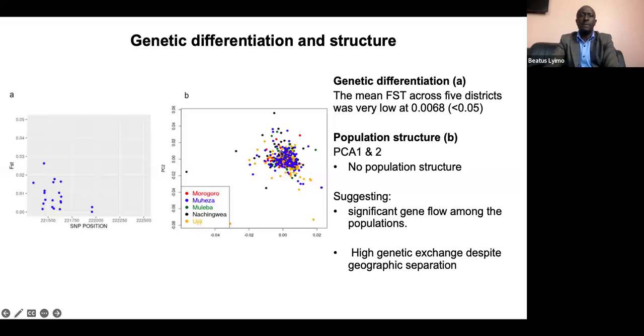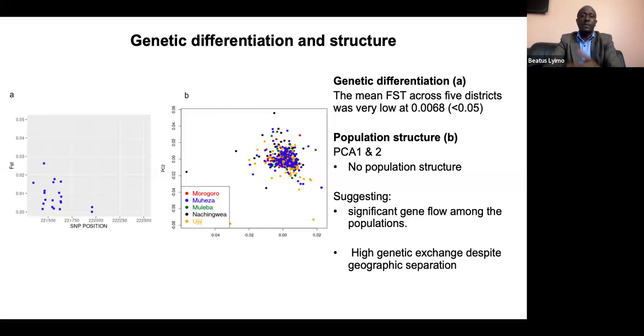Most of the samples from all 5 regions clustered together, with a few samples as outliers. This indicates that there is continuous gene flow among the population, and high genetic exchange despite the geographical separation.